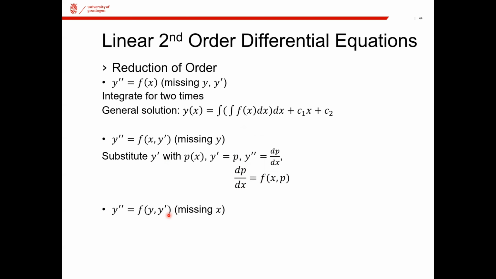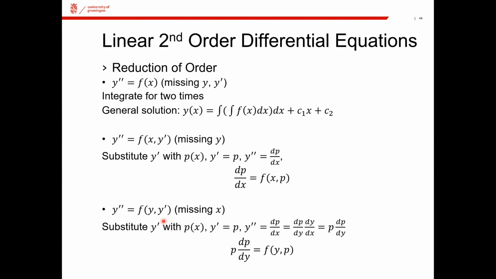Okay, the third type, when x is missing, so we substitute y prime with p. So y prime equals p, and y double prime equals the derivative of p with respect to x. And we can rewrite it in this form. Since the derivative of y is p, we can rewrite it as p times dp divided by dy.